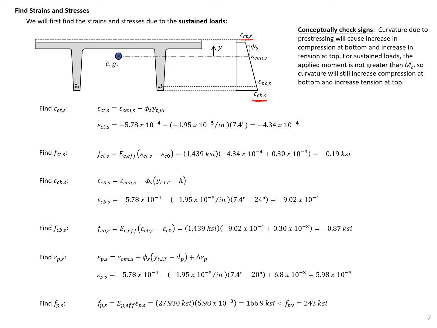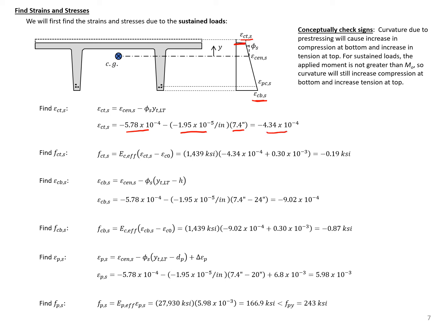So to start with our top fiber stress, and again, we're going to look at the top of our non-composite section or our precast section. We have our strain at the centroid minus our curvature times the distance between the centroid and the top of our precast section.